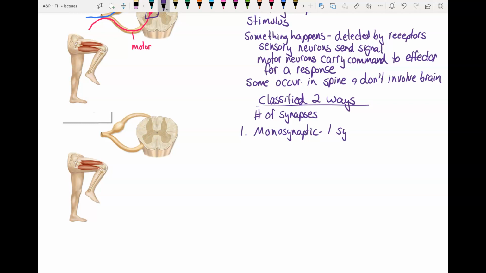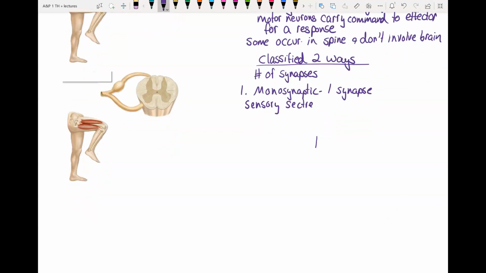This means you have one synapse where the sensory neuron secretes neurotransmitter to stimulate the motor neuron. This is the fastest type of reflex. You cut out the middleman. You just go straight from sensory to motor.